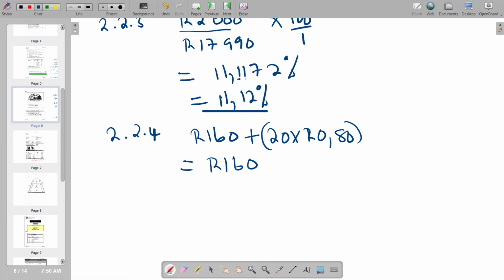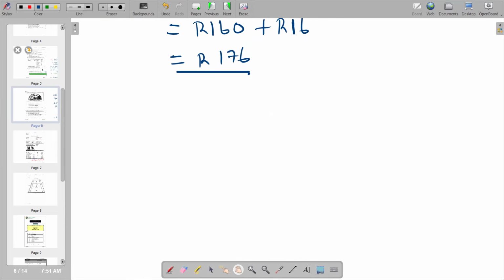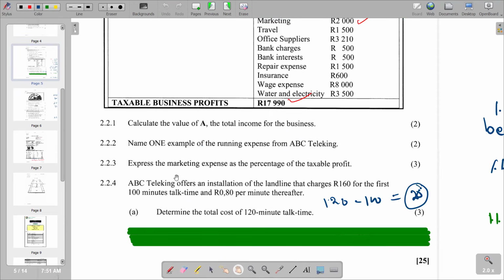You get to 16. So here we have got 160 plus 16. So if we add the two, it becomes 176 rands. So this is what we have on this part. So moving on, we see that this is the last question that we have on question 2. So we move on to our next question, which is now going to be our question 3.